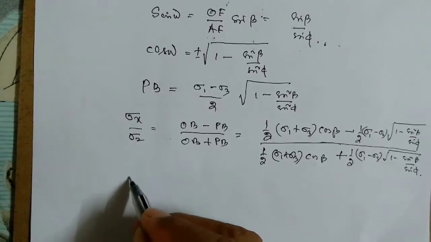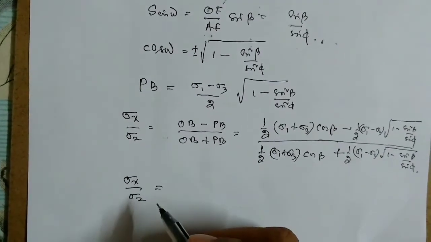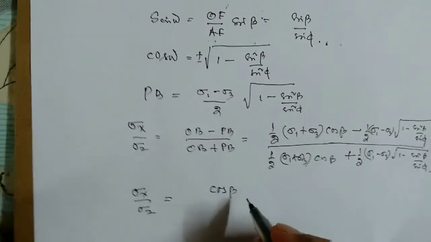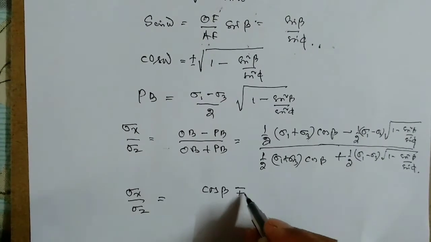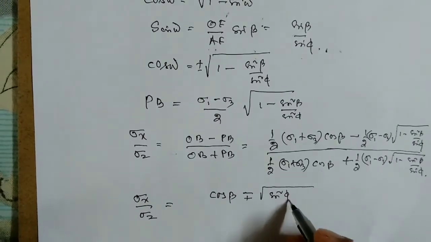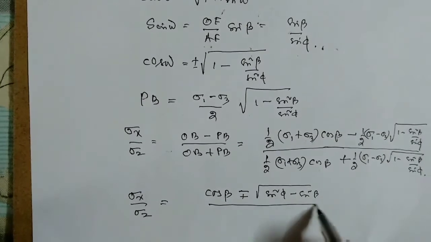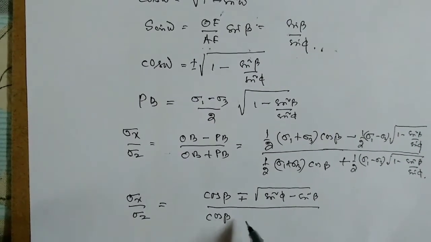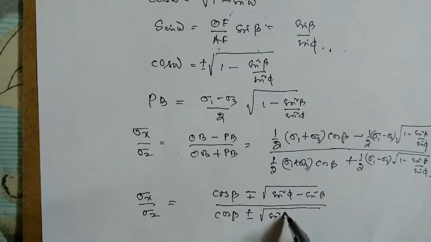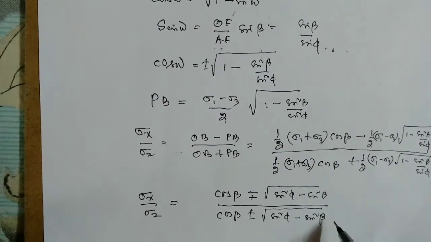Finally it will be sigma x by sigma z, which is going to be cos beta minus plus root over of sin square phi minus sin square beta, by cos beta plus minus root over of sin square phi minus sin square beta.